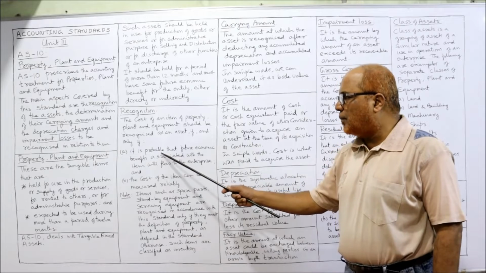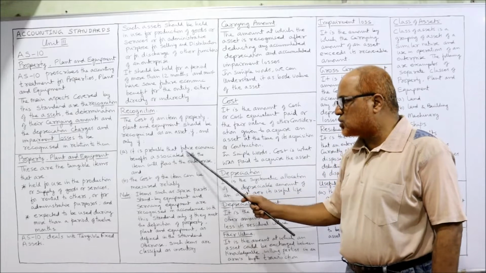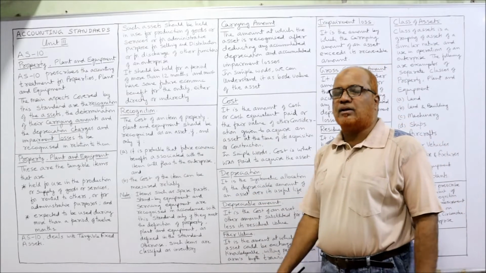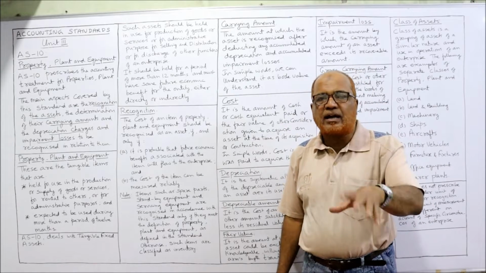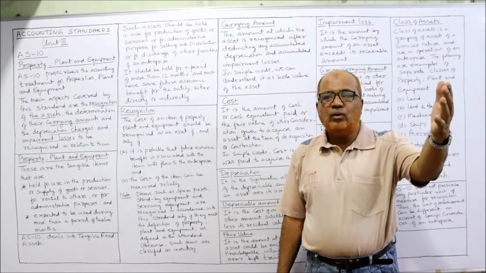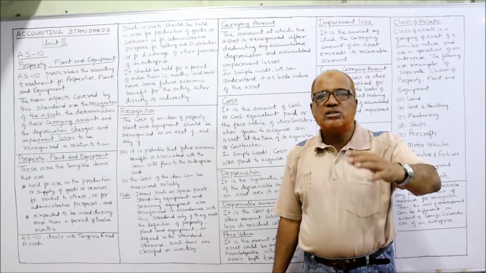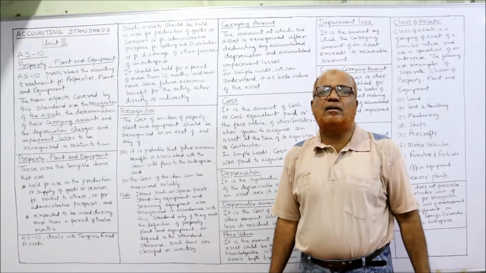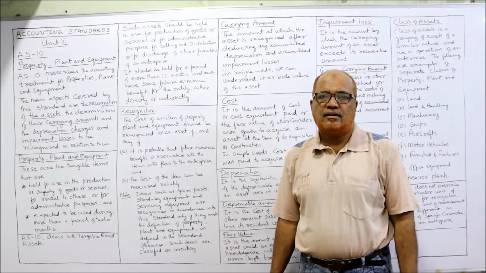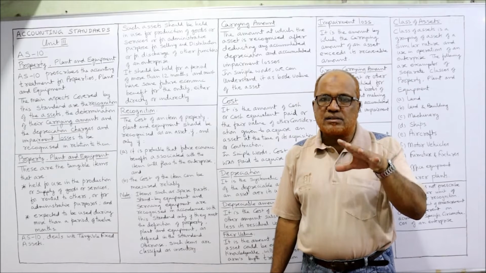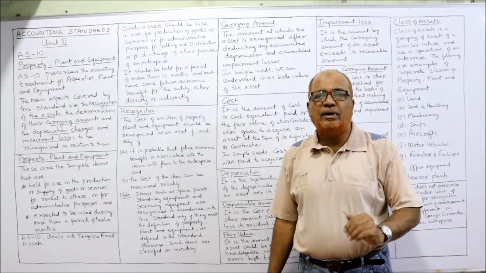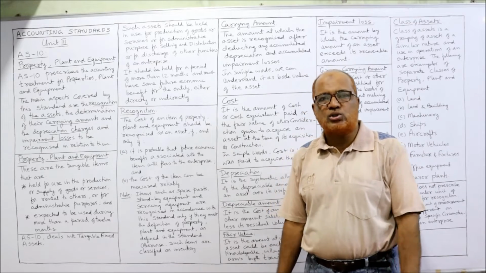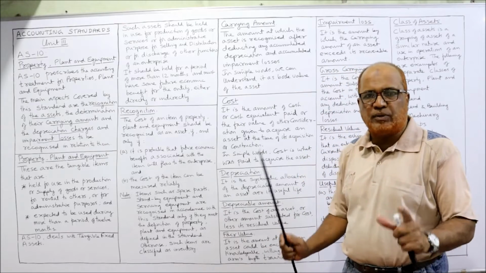The first, it is probable that the future benefits associated with the item will flow to the enterprise. That means once an asset is purchased, it is expected that in future the enterprise will get the benefit from that asset. Future benefit must be there.